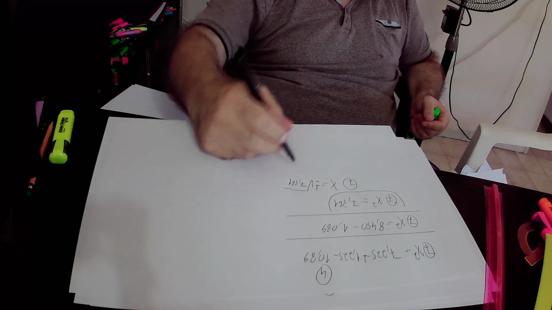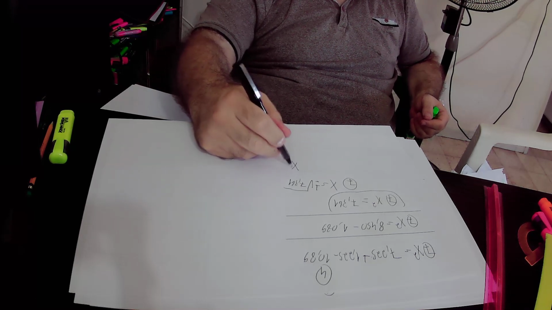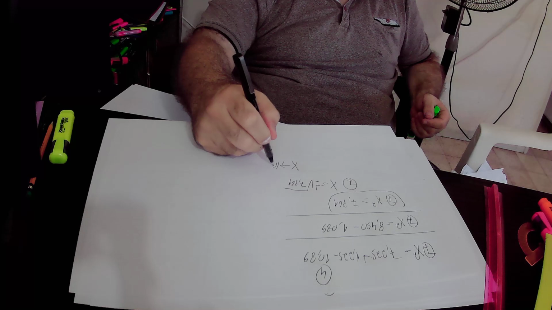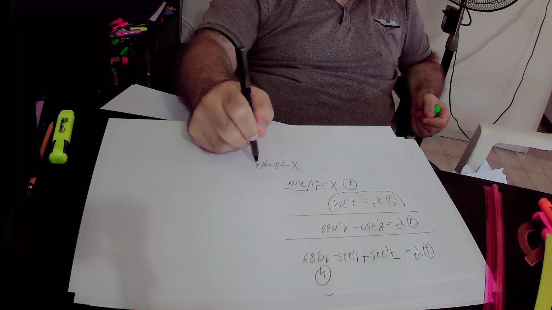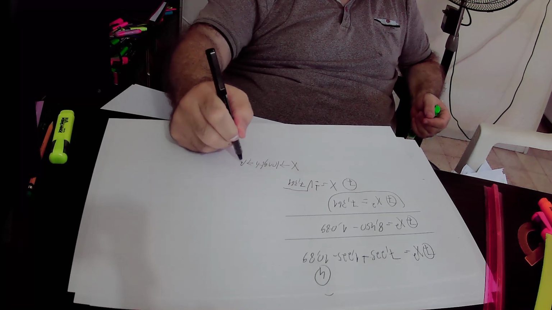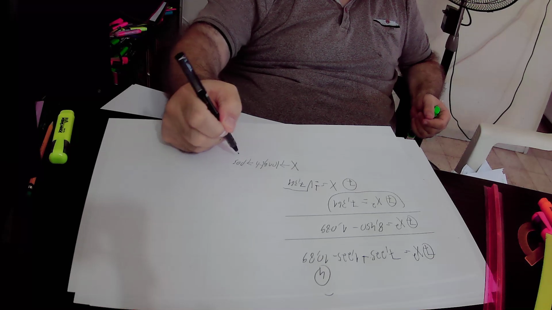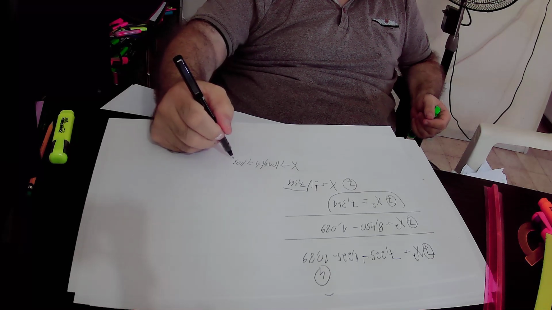Okay, but because of the fact that x is a length, it must be a positive number. So we take only the positive root of 7,361.